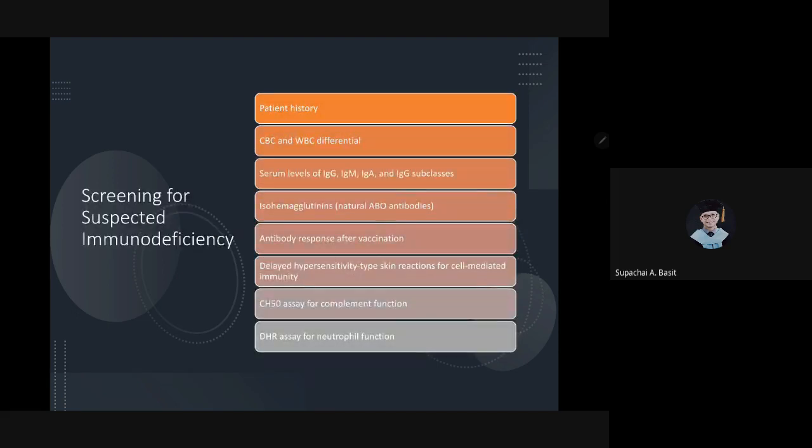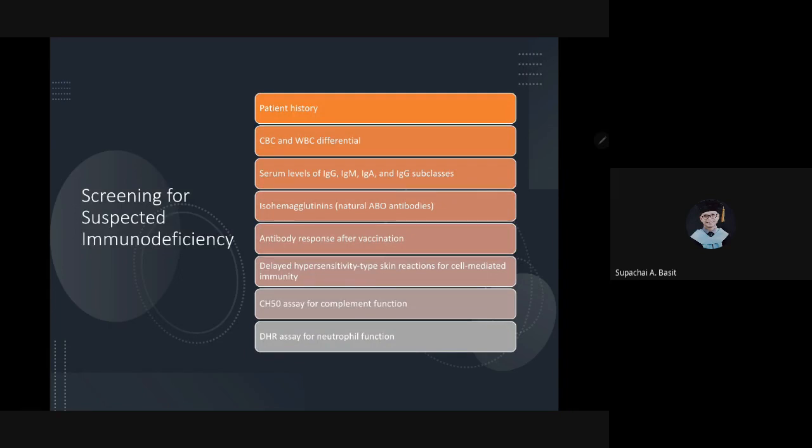In the laboratory, these are the steps clinicians would usually do in screening for immunodeficiency. Of course, it's very important to determine the history of the patient. A basic test is the CBC, wherein when a clinician asks for CBC, we medical technologists would also be doing the WBC differential count.